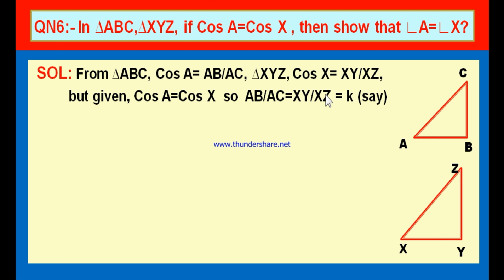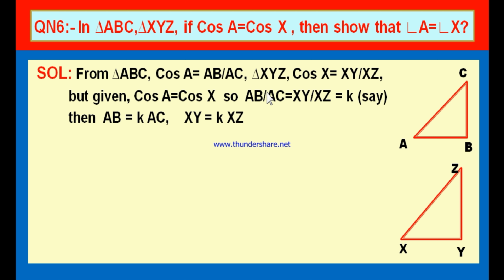These two are equal. Now, as these two ratios are equal, let us assume that this is equal to some value K. Okay, is it clear? Let AB by AC is equal to XY by XZ. This is also equal to K. If AB by AC is equal to K, then what is the AB value?